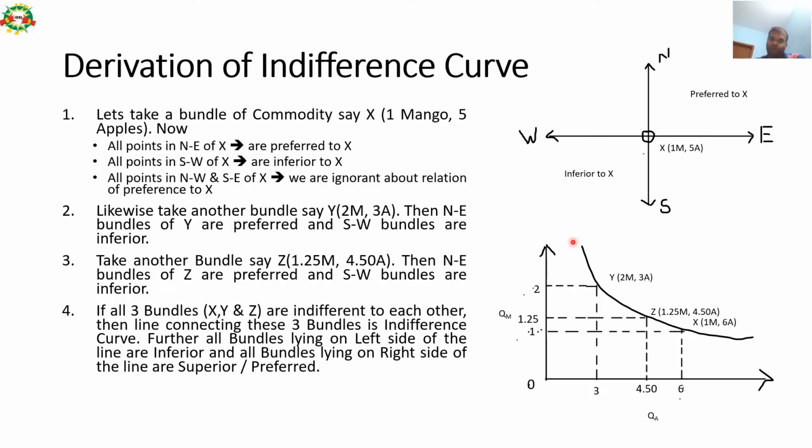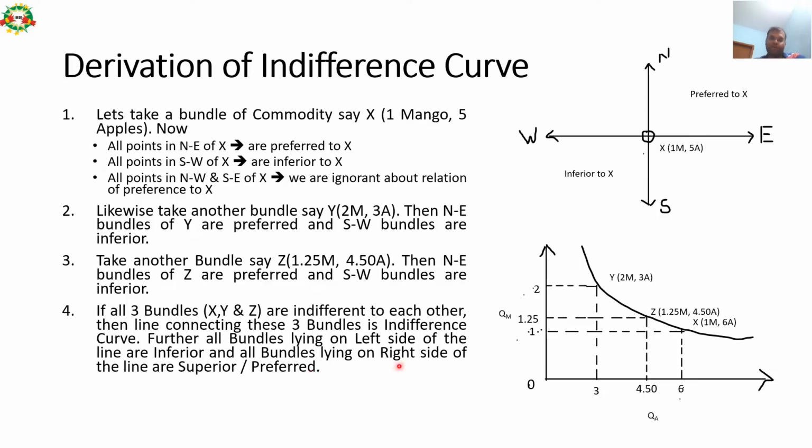So if we draw all these three bundles on a curve, and all these three bundles are giving the same level of satisfaction to a customer, that is all these three bundles are indifferent to each other, then the line connecting these three bundles will be called indifference curve.